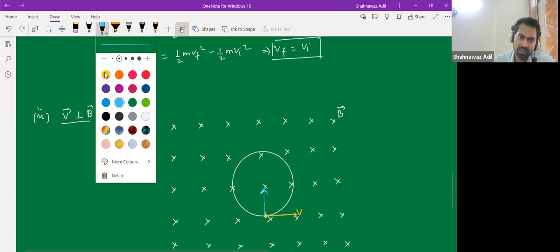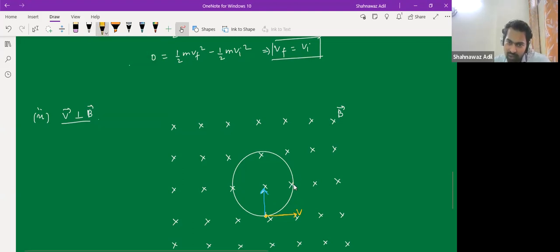Now the charge is here, this is the velocity, and the magnetic field is inside.